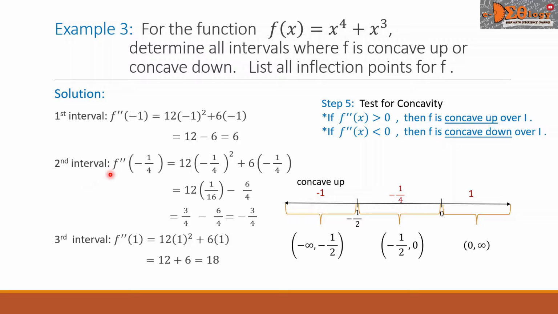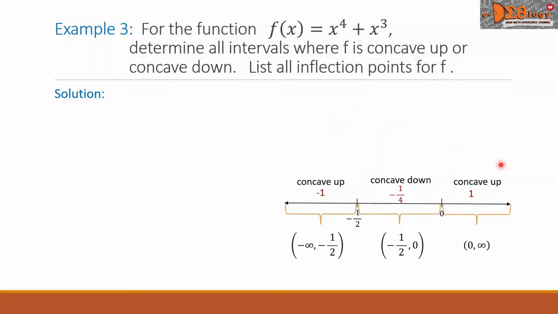For the second interval, the sign is negative. That means it is concave down on this interval. For the third interval, the value is positive 18. Since it is positive, again, this interval is concave up.